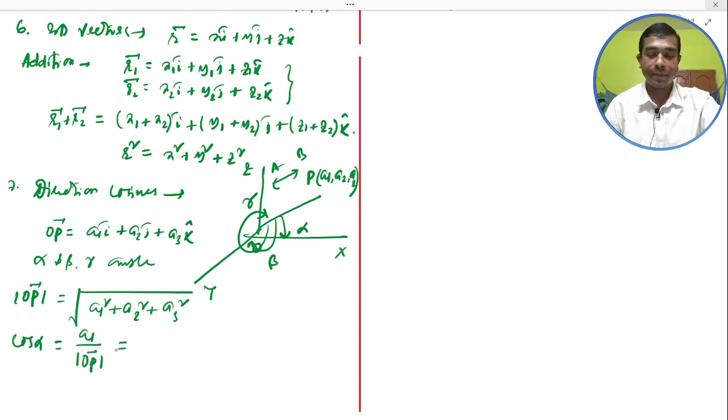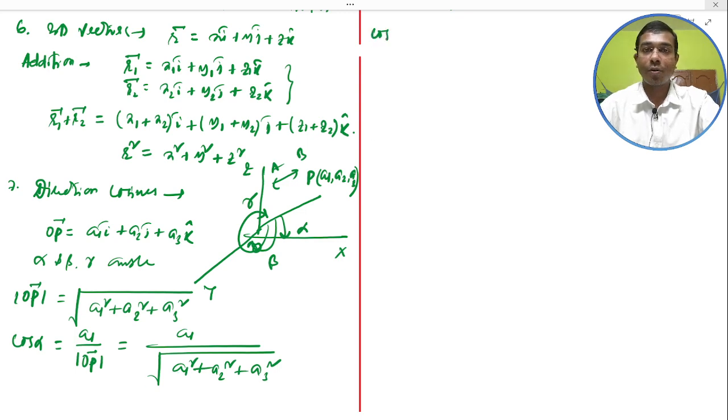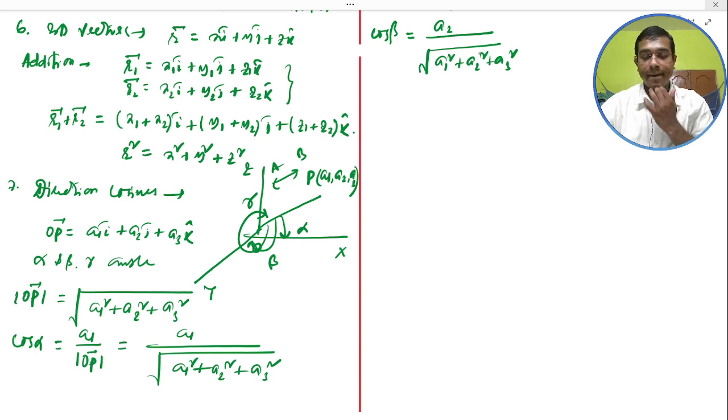This is important. A1 is divided by the square root of A1 square plus A2 square plus A3 square. This is cos alpha. Next, cos beta is A2 by the square root of A1 square plus A2 square plus A3 square.